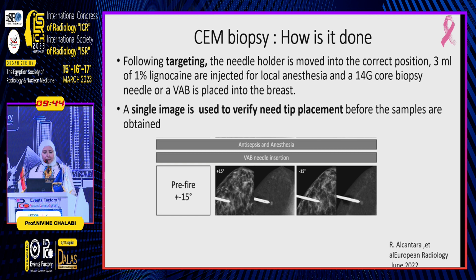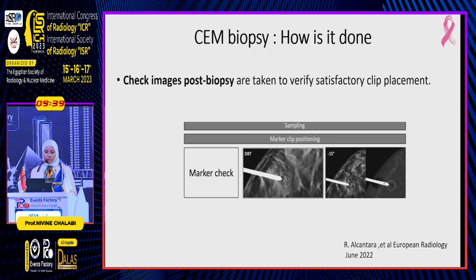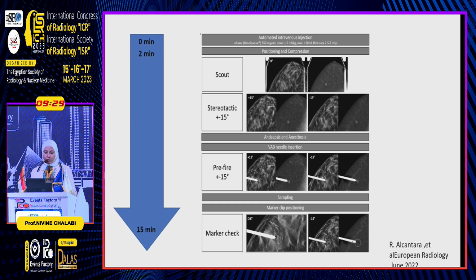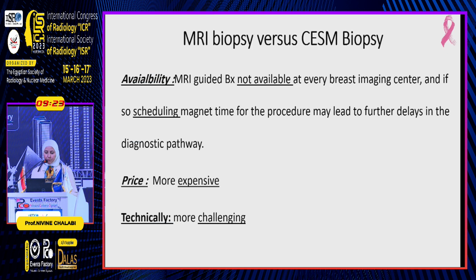Then a single image is taken to verify the needle tip placement at the tip of the enhancing focus. We do check images post-biopsy to verify a satisfactory clip placement. The whole procedure from injection to the biopsy clip positioning is around 15 minutes.